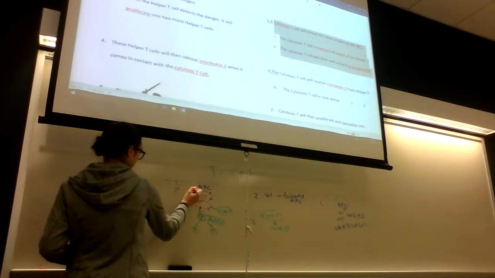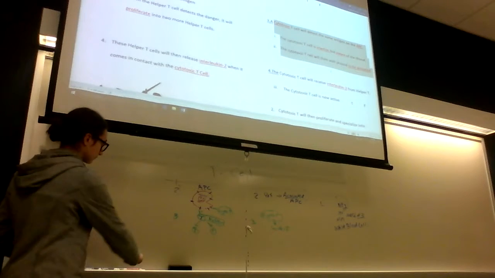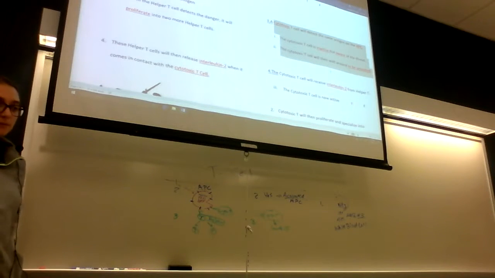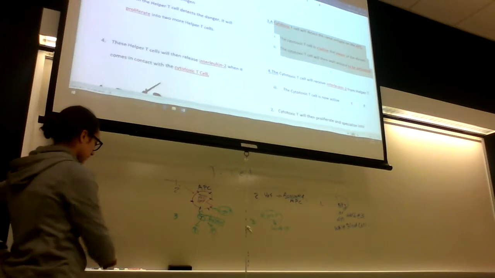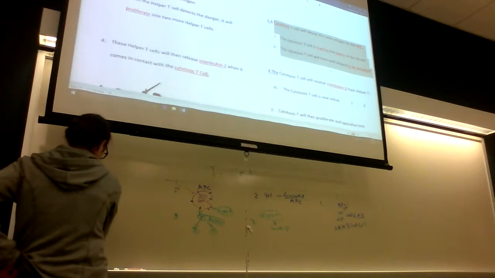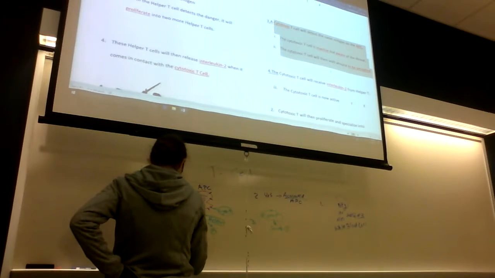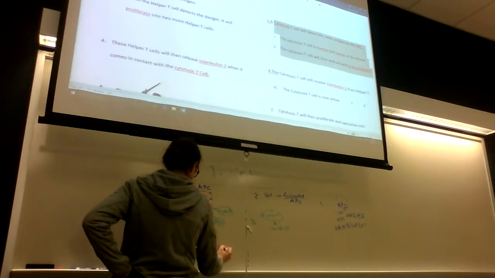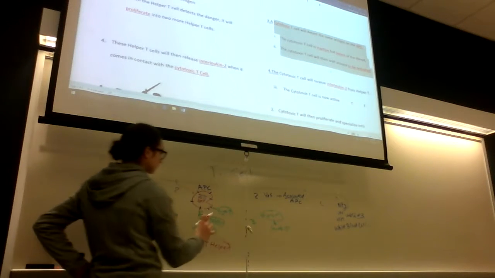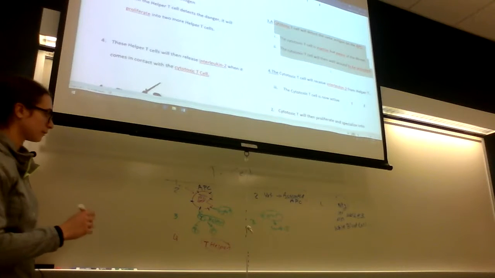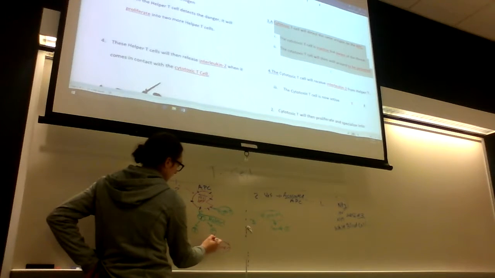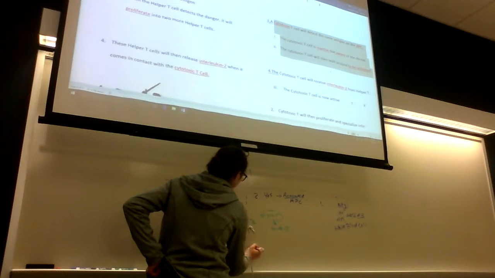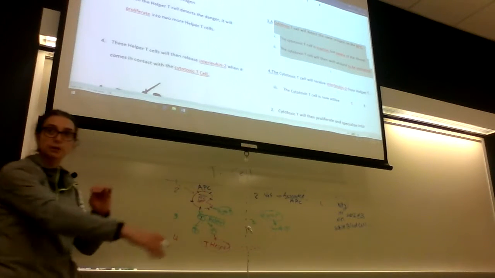Number 1 is in red. Okay. So number 1 is there, the guy eating it. So step number 4, because my black isn't working, I'm going to put step number 4 in red also. Step number 4, you have your T helper. And I'm going to take a picture of this if that is helpful. Your T helper cell is then going to, we talked about cytokines being a way of communicating.